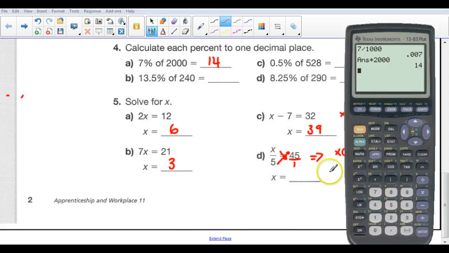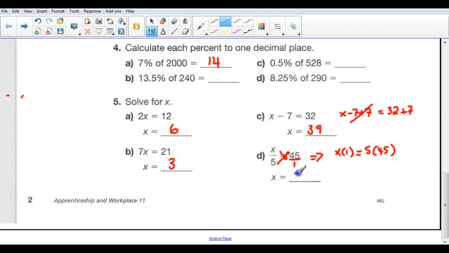So we just take our calculator, I'll clear it here, and we do 5 times 45 equals 225. So how can we check that? Well, we know that some number divided by 5 equals 45. So if I was to take that number 225 divided by 5 in my calculator, would I actually get 45? Okay, that's one way that you can check it.